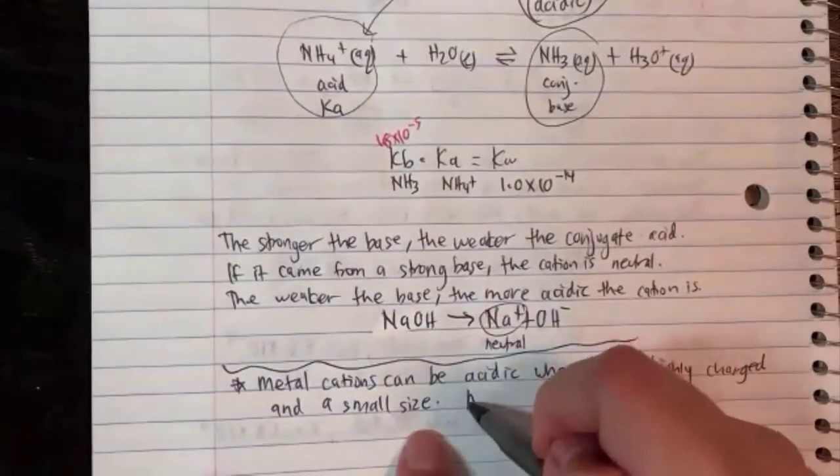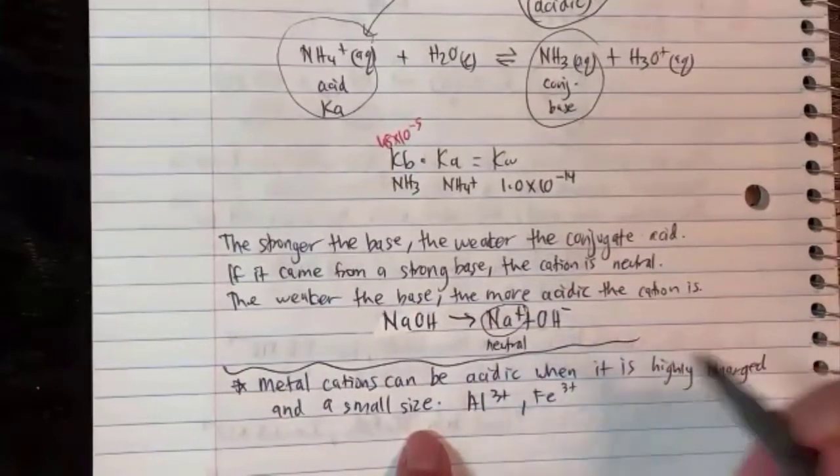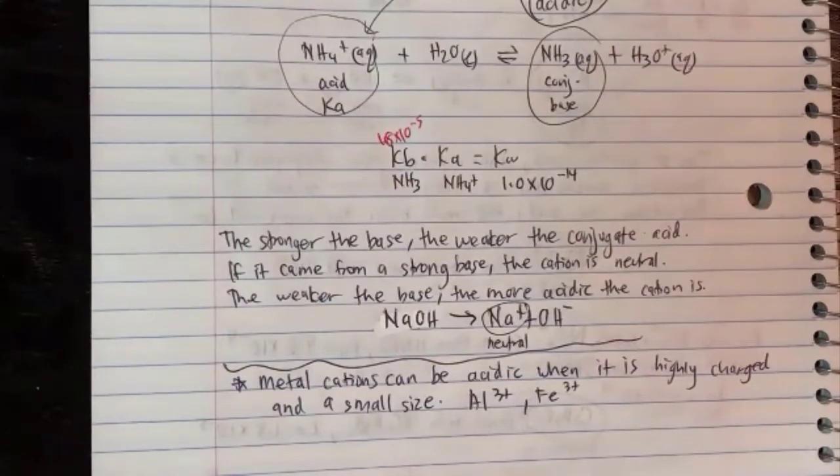So for example, like aluminum 3+, Fe 3+, those are high charge. And cations are in general small. But you don't want super big ones, something low on the periodic table. That's not small anymore. The higher they are on the periodic table, the smaller they are. Okay? So that's that. Metal cations can be acidic.